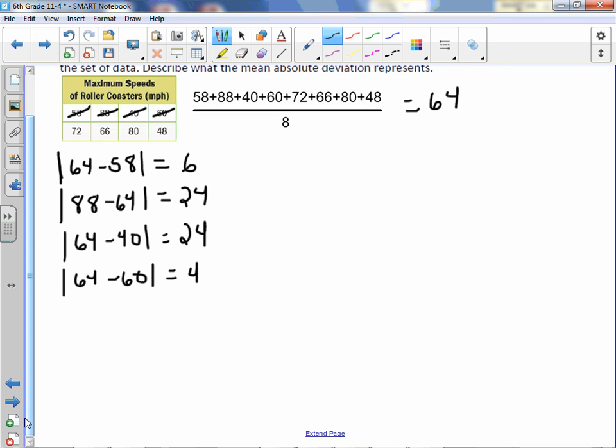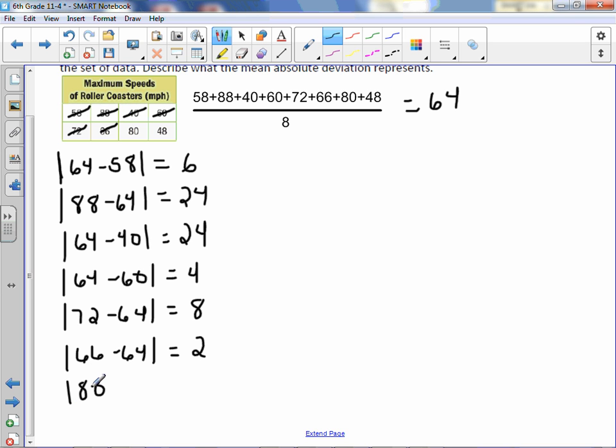Next we have 72, which is larger, so absolute value of 72 minus 64. Well, 72 minus 64 is 8, and the absolute value of 8 is 8. Next we have 66, which is larger, so 66 minus 64 is 2, and the absolute value of 2 is 2. 80 is larger, so absolute value of 80 minus 64 is 16.